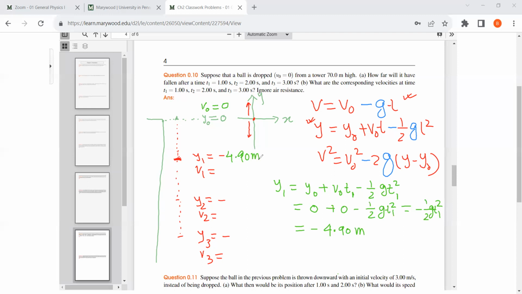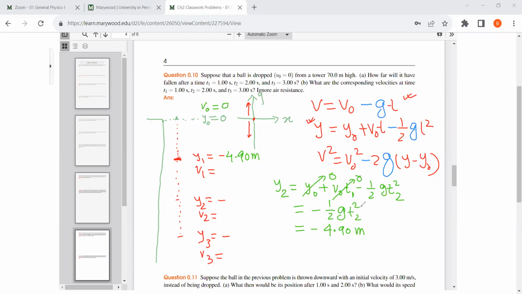All right. Now, how about t2? t2 means when t equal to 2 seconds. So for t2, the equation will be this. Again, this is 0, this is 0, so the equation is very simple. Minus half g t2 square.